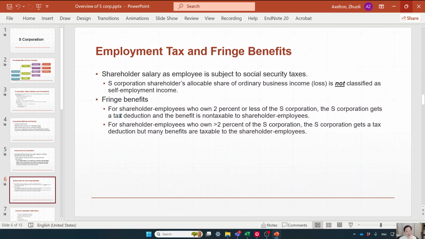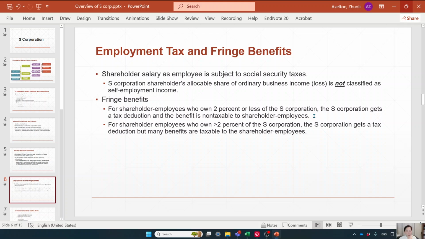The fringe benefits, it's similar to the fringe benefits at the corporation level, but the treatment is different depending on the ownership percentage. For a shareholder employee who owns 2% or less of the S corporation, the S corporation gets a tax deduction, and the benefit is not taxable to the shareholder employee.